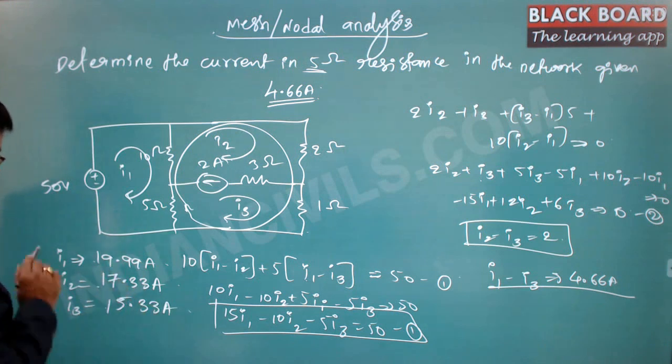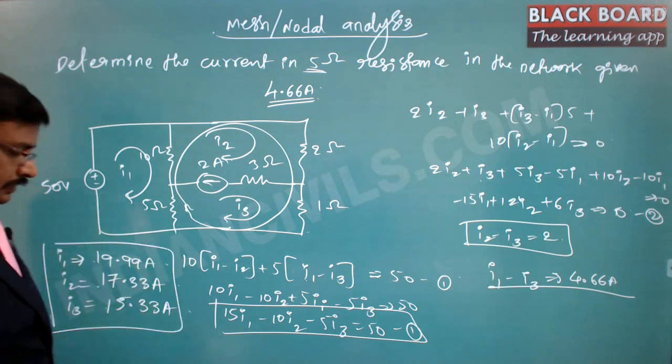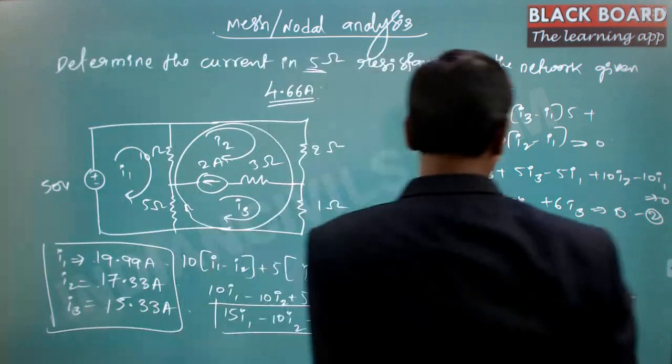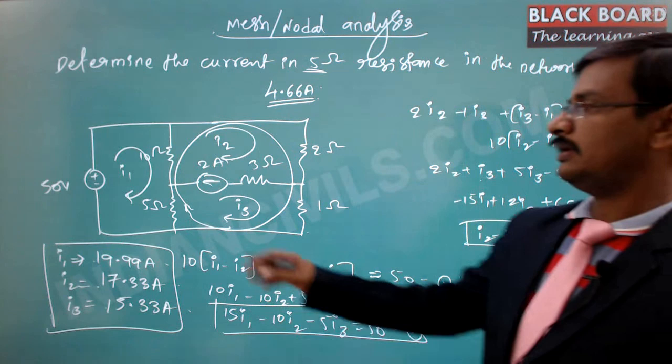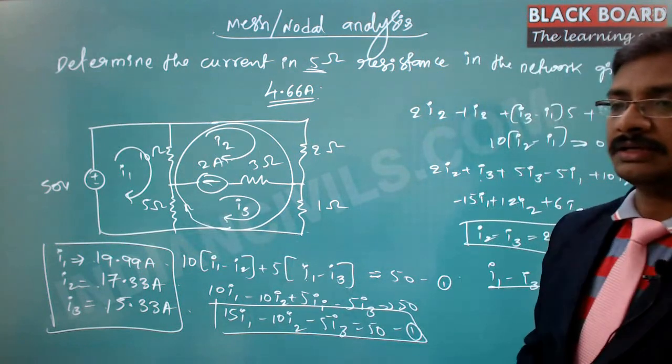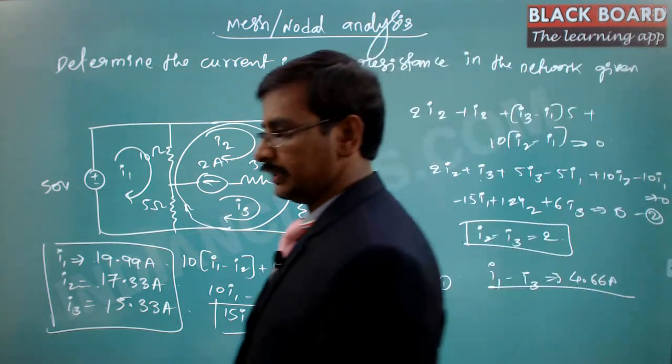So in total, I1 minus I3 will come out to be 4.66 amperes. Got it? So the voltage drop, if you want to calculate, is what you have calculated, that is 70 by 3, that is correct. Got it?